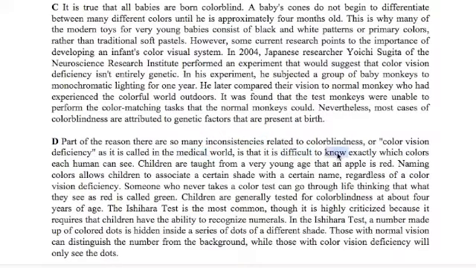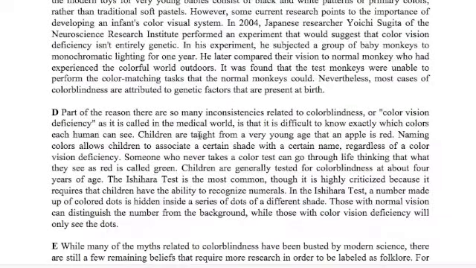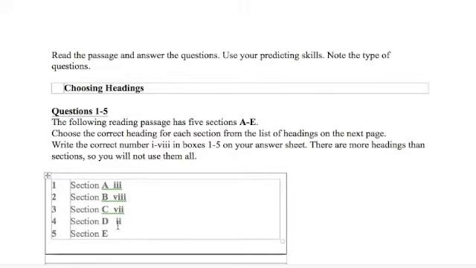So we have the medical world. Anything about medicine? Well, yeah, we have diagnosing and we have curing, both related to medicine. They also said difficult to know. Which one of these is difficult to know? Absolutely, diagnosing. That's what that means. So we cross off diagnosing. We go right here. And the answer is number 2. Good.